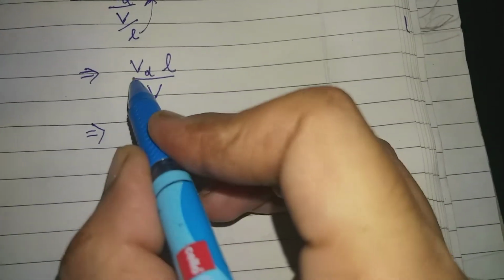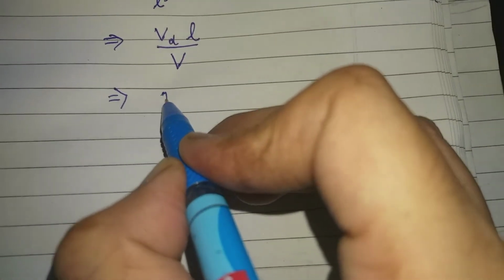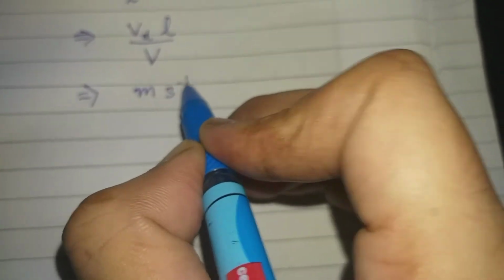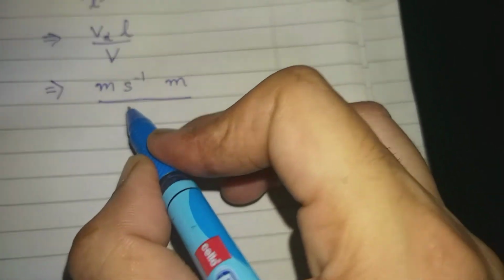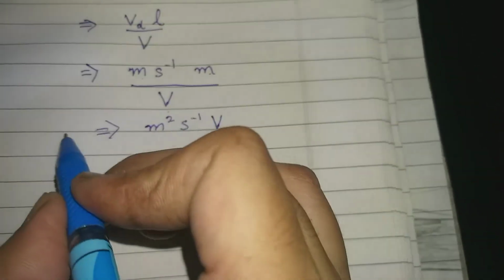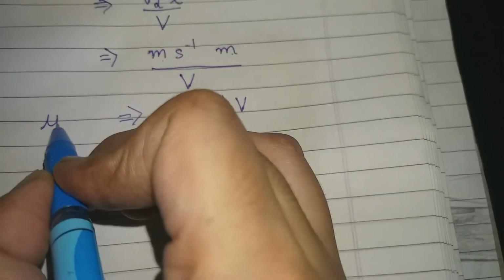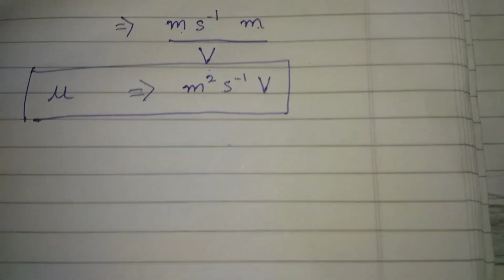Now we put the units of these terms individually. The unit of velocity is meter per second, length is in meter and potential difference is in volts. So the combined unit will be meter square per second volt. These are the units of electron mobility.